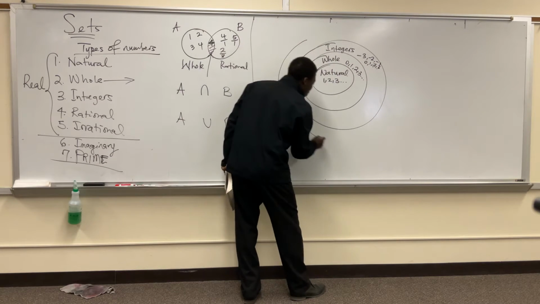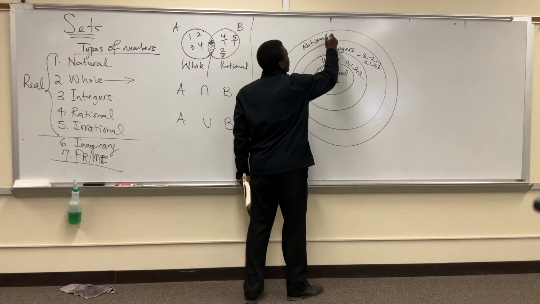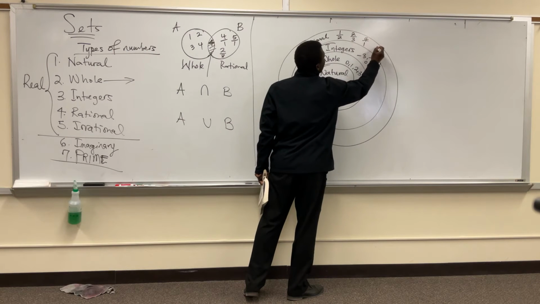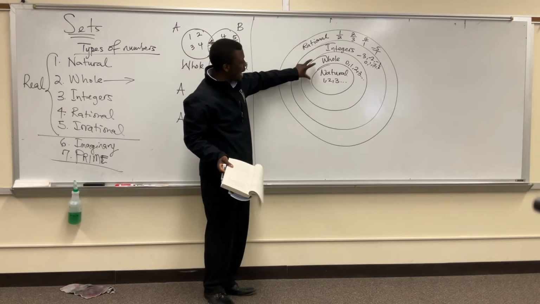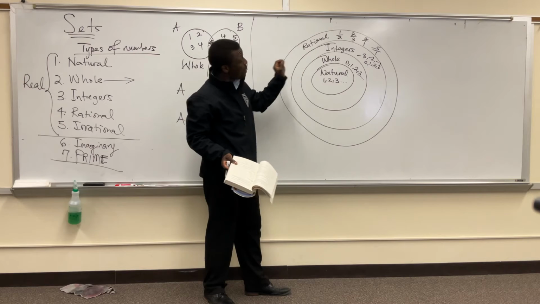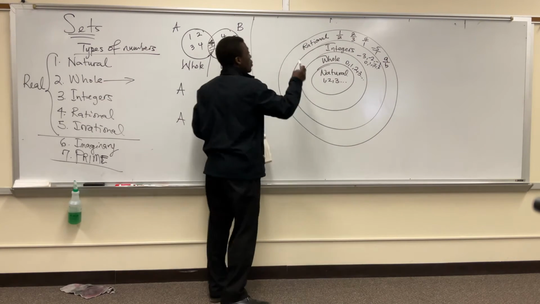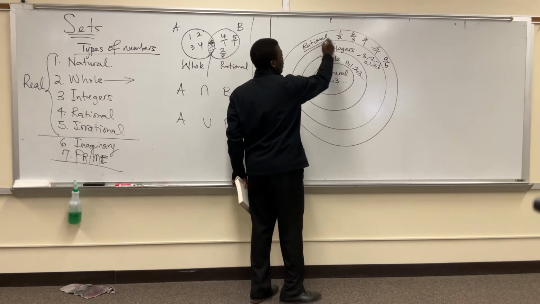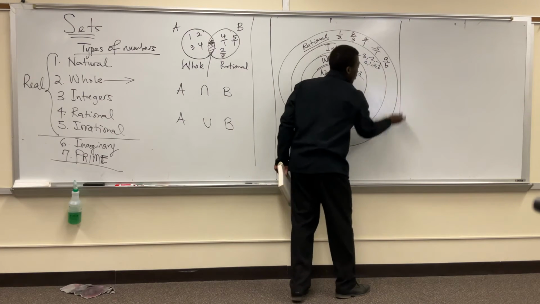The next category of numbers above that is rational numbers. That would be numbers like 1 over 2, 2 over 3, 4 over 1, -5 over 1. Just remember that rational numbers include everything inside of them, because anything that can be written in the form of A over B is a rational number. All of these are rational, and rational numbers is a big category. However, there's another category called irrational numbers.